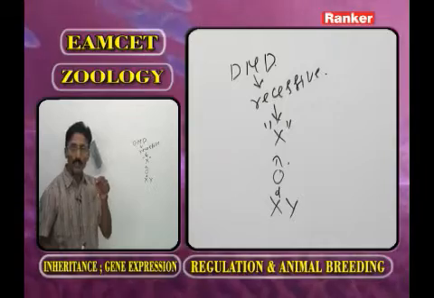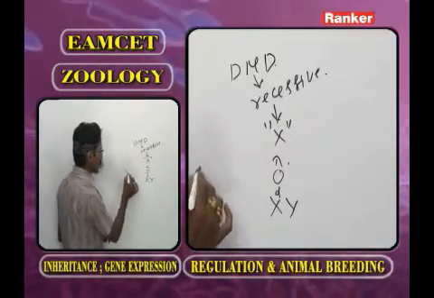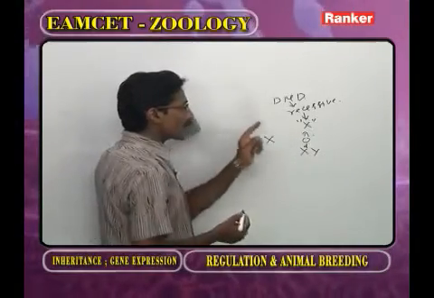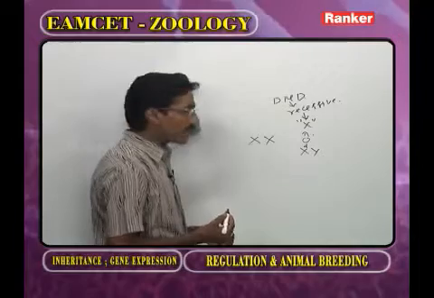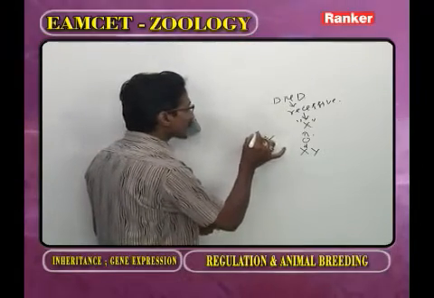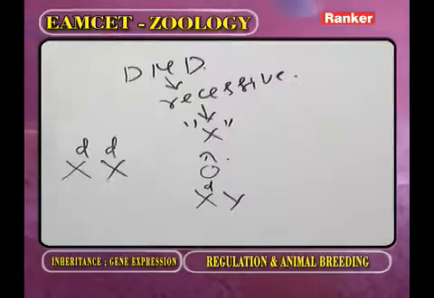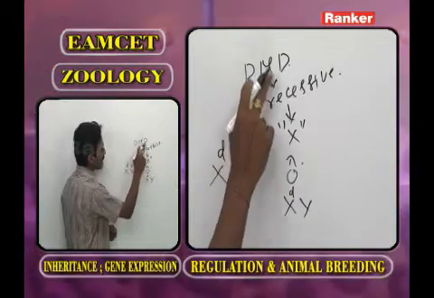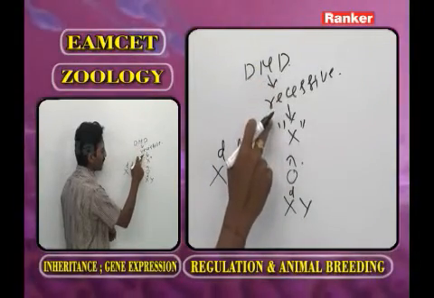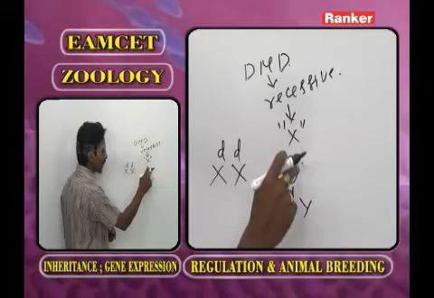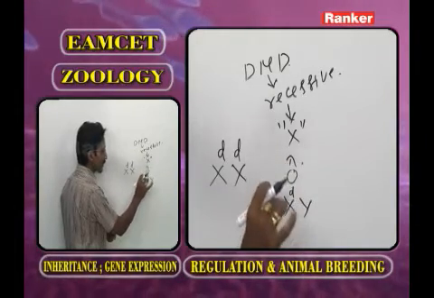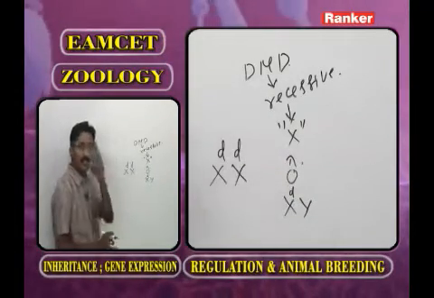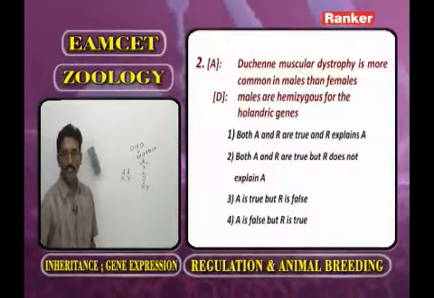In order to express in females, the recessive gene must be present on both X chromosomes. So the DMD is more in males, because males have only one X chromosome. So the assertion is correct.